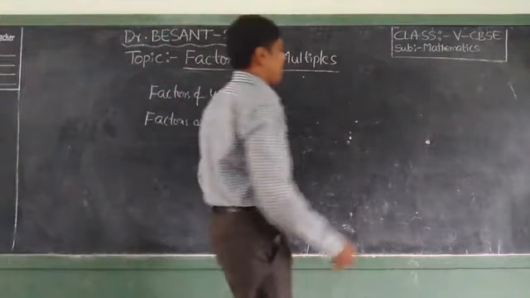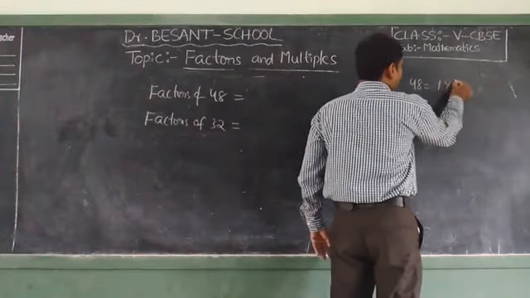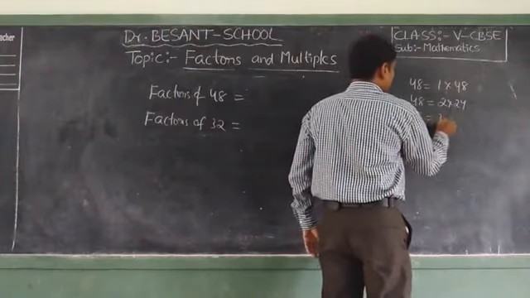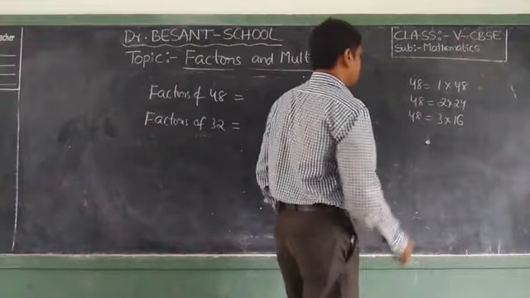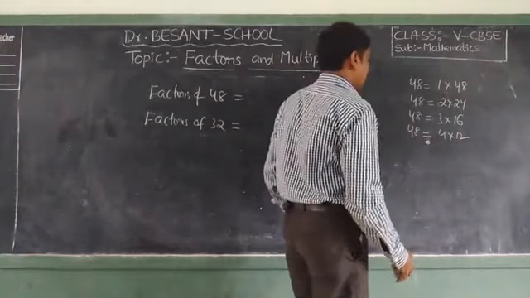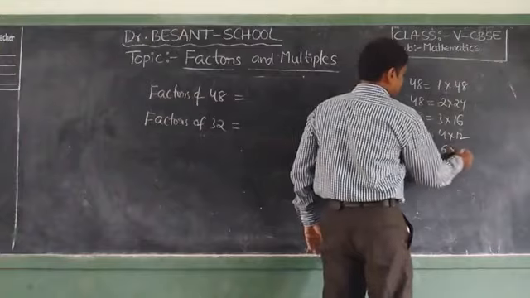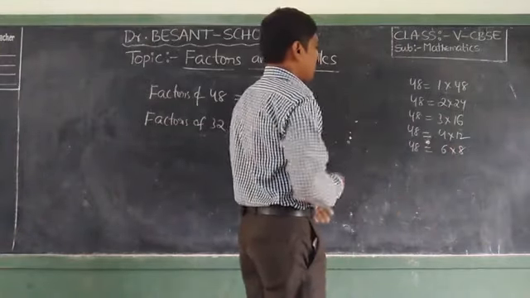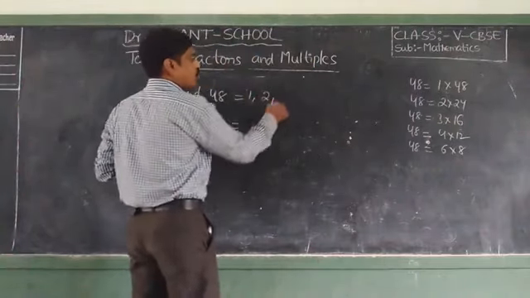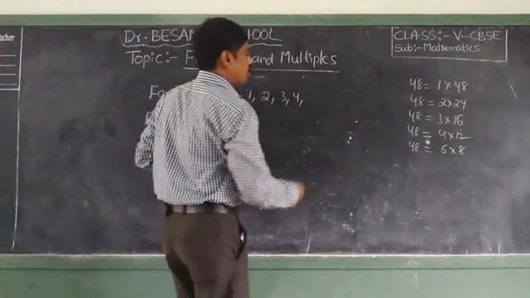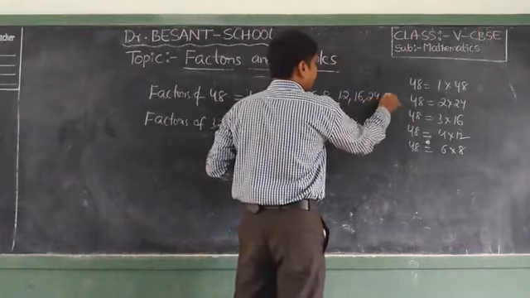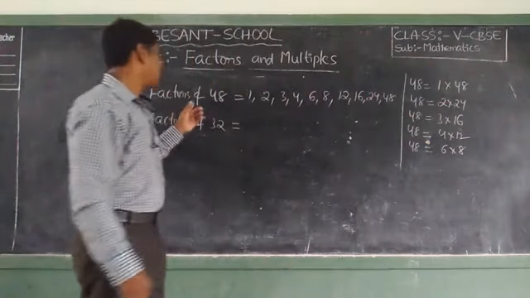What about the factors of 48? 1 48s are 48, 2 24s are 48, 3 16s are 48, 4 12s are 48, 6 8s are 48. So 1, 2, 3, 4, 6, 8, 12, 16, 24, 48. These are the factors of 48.